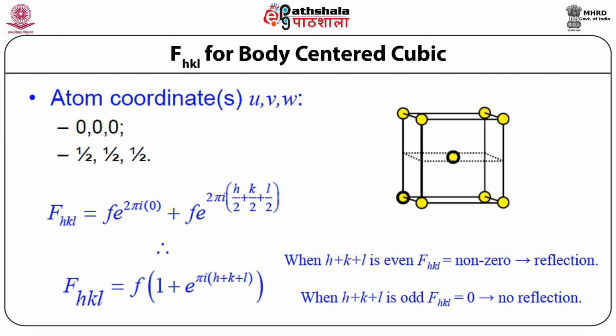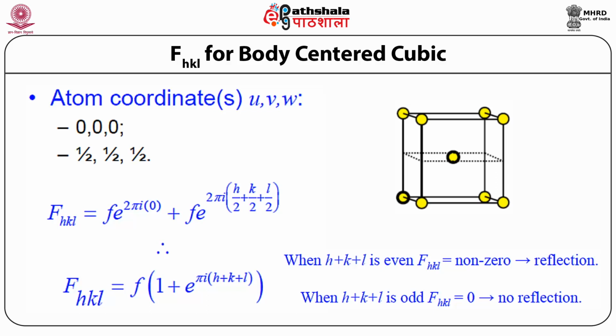Now you can see that F_HKL is the sum of 2 expressions. F is equal to e raised to the power 2 pi i times 0, which is for the first atom, and then for the next one, where the coordinate is half half half, and when you add up you get this lower relation: F_HKL is equal to F times 1 plus e raised to the power pi i (H plus K plus L).